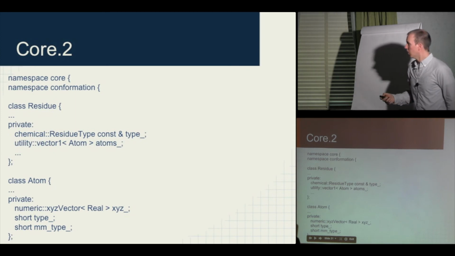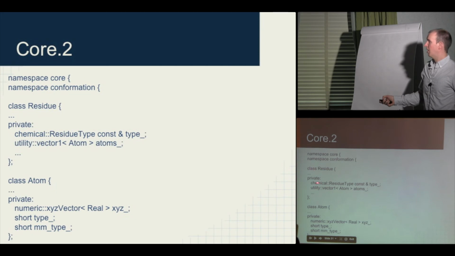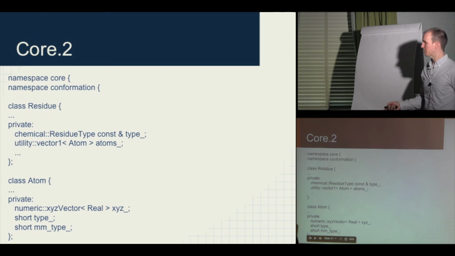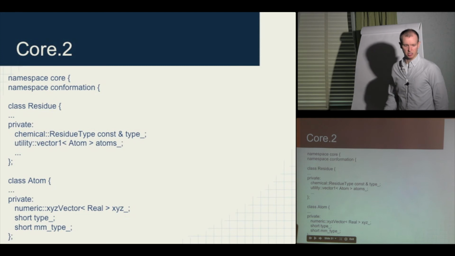All right, so class residue, like I said, it has a pointer to class residue type, and it has a vector of atoms. Atom itself has a coordinate, and then it's got two pieces of useful cache data that go along with it. The Rosetta atom type, which is just named as type, represented as a 16-bit integer here, which is known as a short, and then the atom type, or the charm atom type, also given by a 16-bit integer.